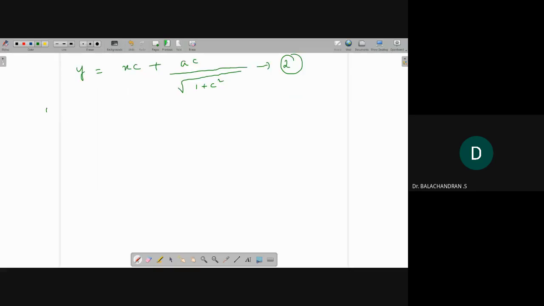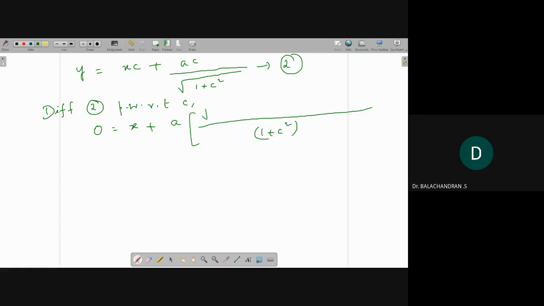Equation 2. So differentiate equation 2 partially with respect to c. You'll get 0 equal to x plus a into, I'm taking a commonly, square the denominator, 1 plus c square.